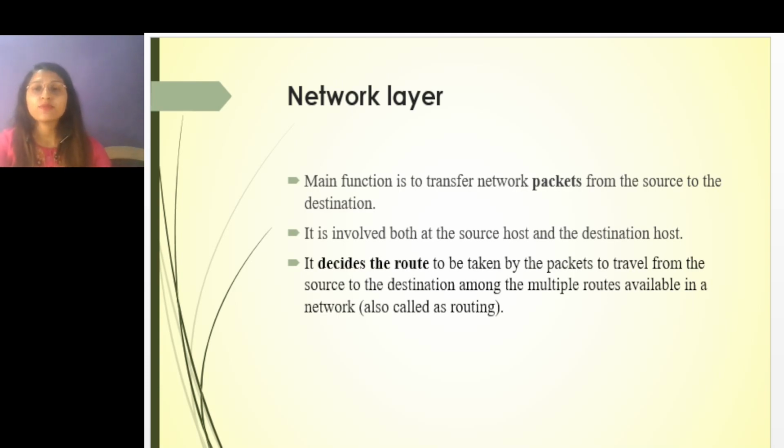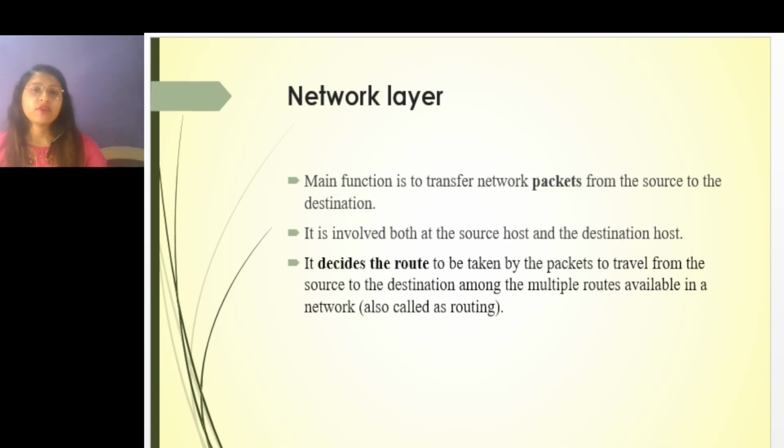The main responsibility of the network layer is to carry data packets from source to destination. If the packet is too large, then it will be fragmented, and the network layer is going to add the source and destination address to each and every data packet.